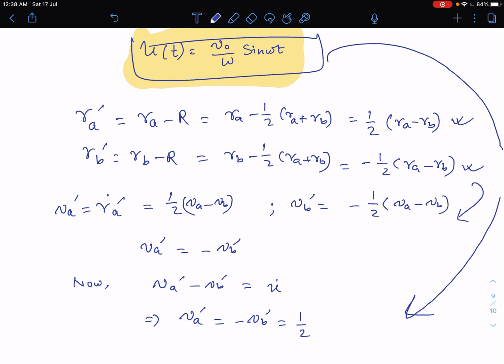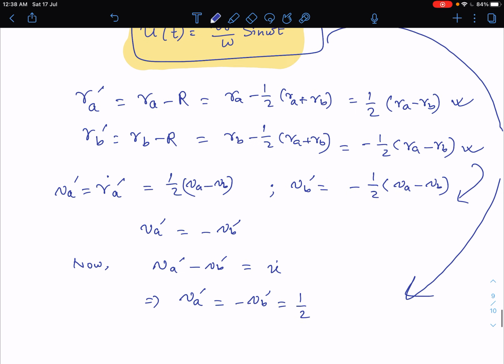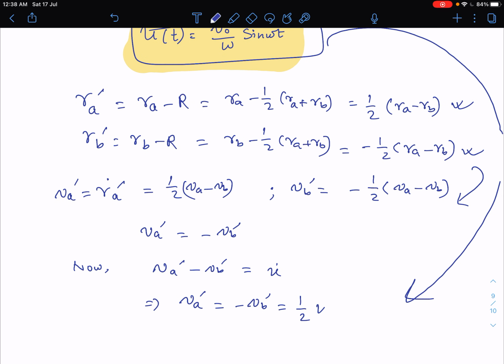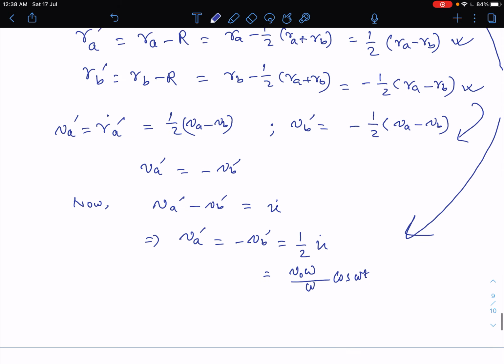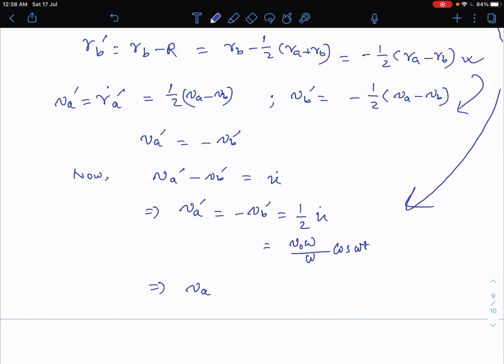So if we plug this here, it is just half of U dot, right? And what is U dot? U dot is V naught omega by omega cos omega t. That means VA prime is minus VB prime is V naught, sorry, by a factor of 2 is missing here, V naught by 2 cos omega t.